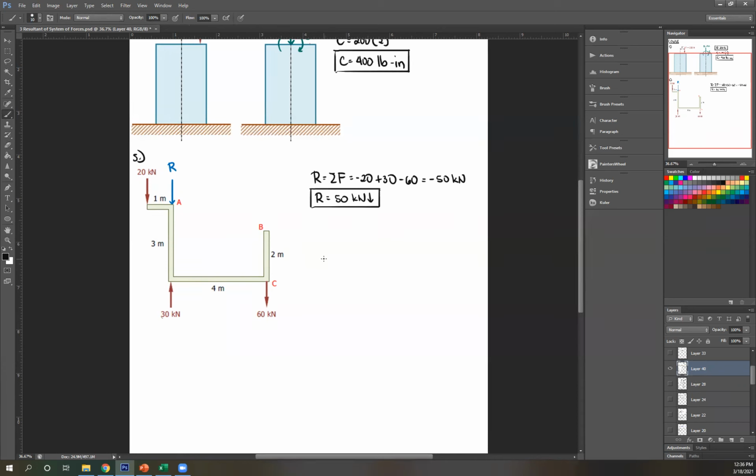Now next problem is I want to add a couple here at B and C. So remember, all of this should equal the effect of R plus a couple. So therefore, the moment of your individual forces should equal the moment of your R and your couple. So now create an equation out of that.